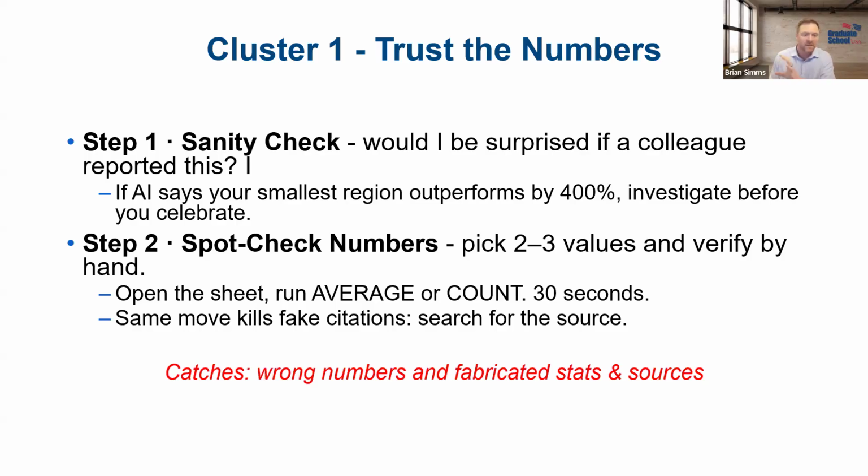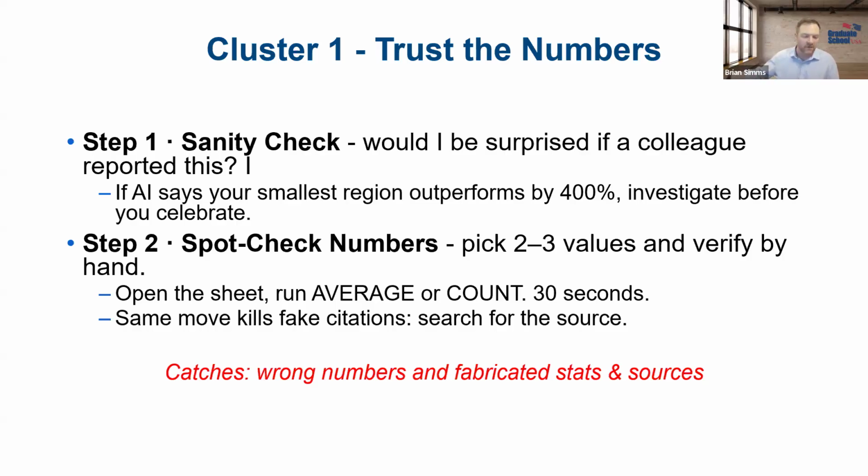I have, and this is why I put it in the checklist, caught a noticeable amount of items right here in step number 2. Looking at this, it's thousands of rows of data, so it's a lot, and the average is whatever. And then let me just look. I'll put it in Excel and run the average myself and get a different number. Maybe the AI is right, but maybe it's not, and I at least want to understand why.